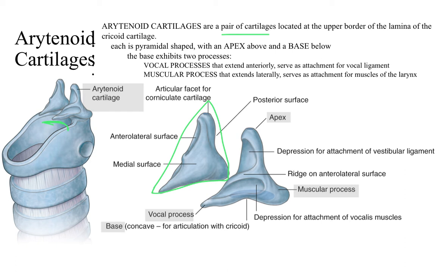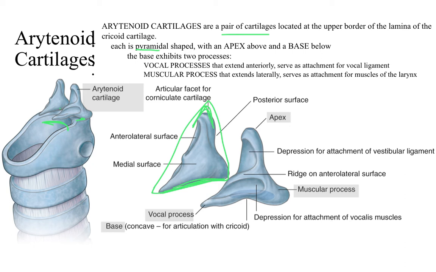All right, and if you look at the previous slide, there were articulation spots for that. So here is where those articulation spots are going to connect with the arytenoid cartilage. Your book, Gray's Anatomy for Students, calls them pyramidal shaped, triangular shaped. The apex, of course, would be above, and the base would be down below.